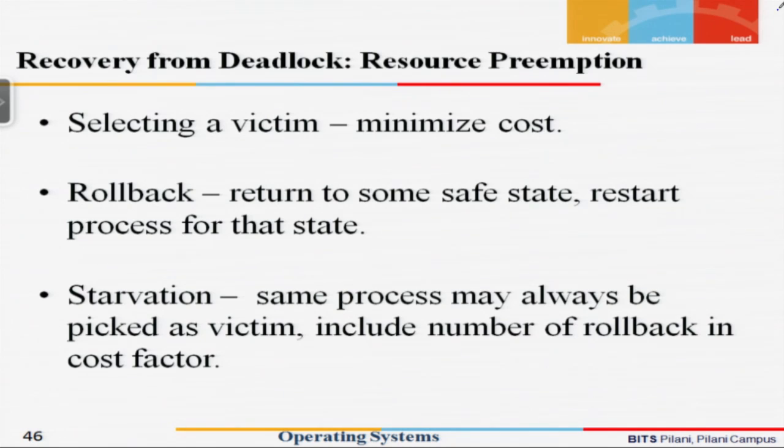We can very clearly see that if such a thing is going to be there, it may happen that every time the same process gets selected as a victim process, where its resources are going to get preempted, and this could lead to what we call starvation.